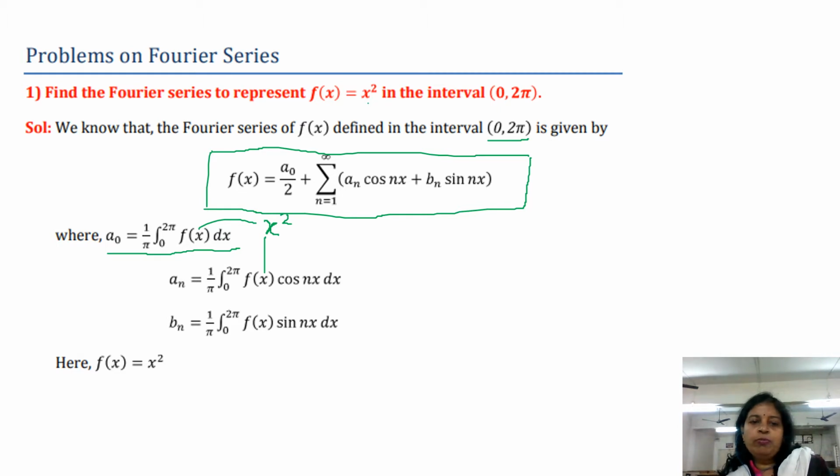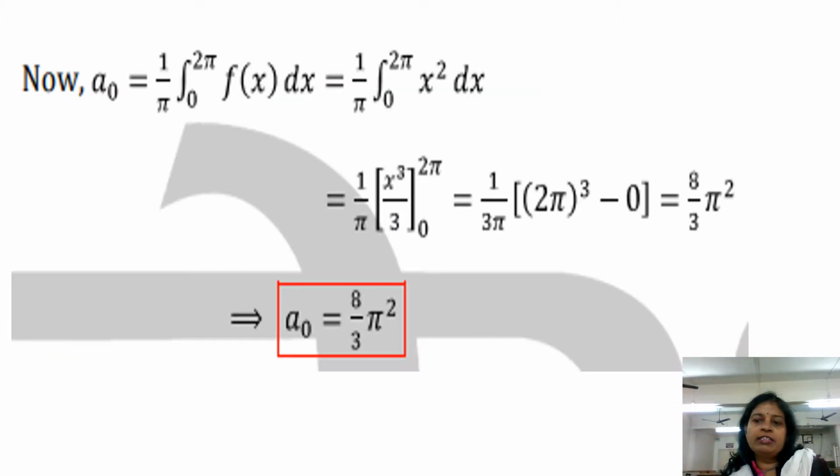For bn also, 1/π integral from 0 to 2π of f(x) sin nx dx, where again f(x) is x². So we take f(x) as x² and find a0, an, bn and substitute them to get the Fourier series of x².